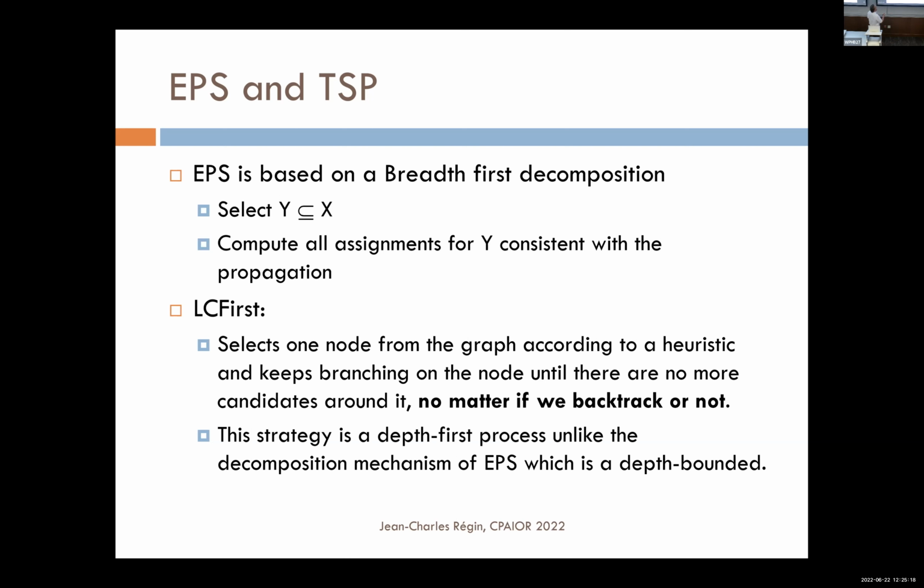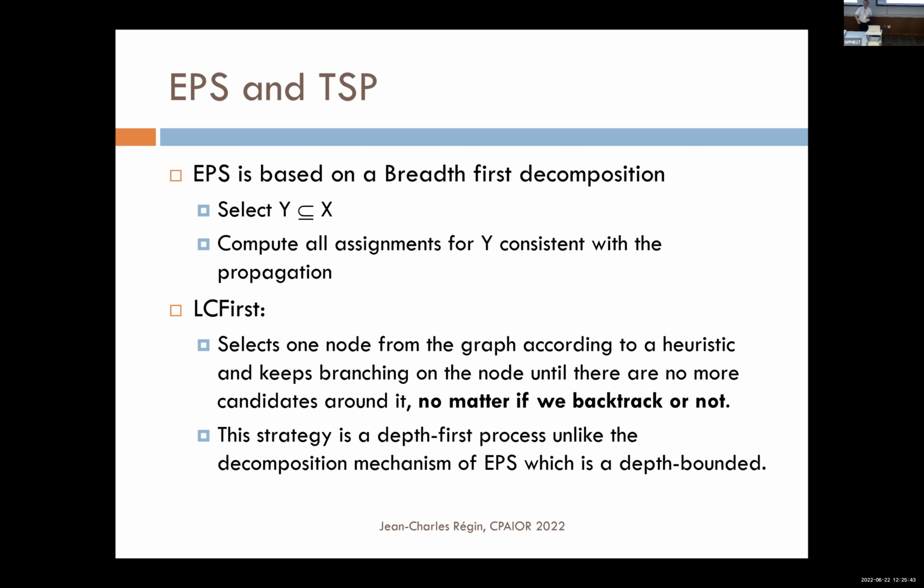So you have your subproblems. But the strategy which is very efficient for the TSP is a very specific one. This is the LCFirst strategy. It selects one node from the graph according to a heuristic and keeps branching on the node until there are no more candidate edges around that node, no matter if we backtrack or not.